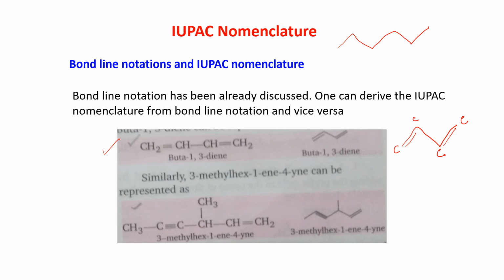Those valencies will be satisfied by putting H. Now see, this carbon atom is having 2 valencies here, so I will write here H2. Now you see this carbon atom, the 4 valencies are satisfied. Look at this carbon atom: 1, 2 and 3 valencies are satisfied, so here will be 1 H.